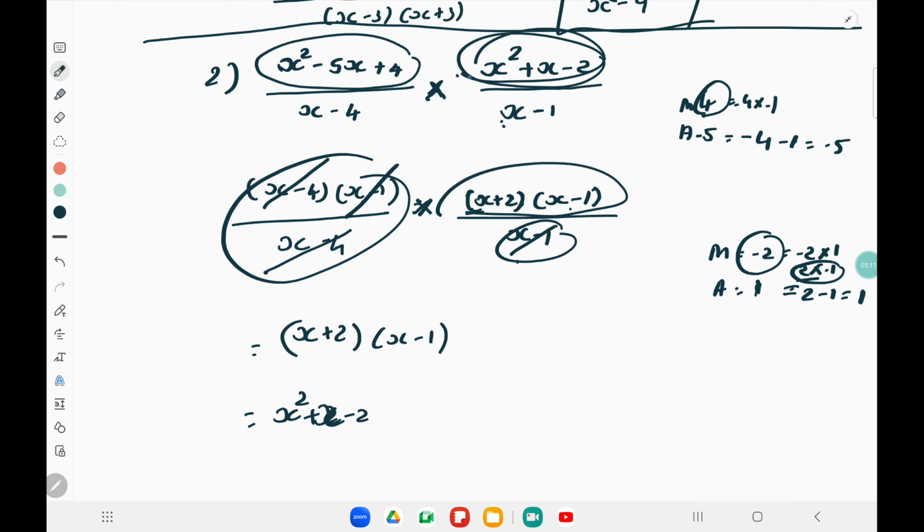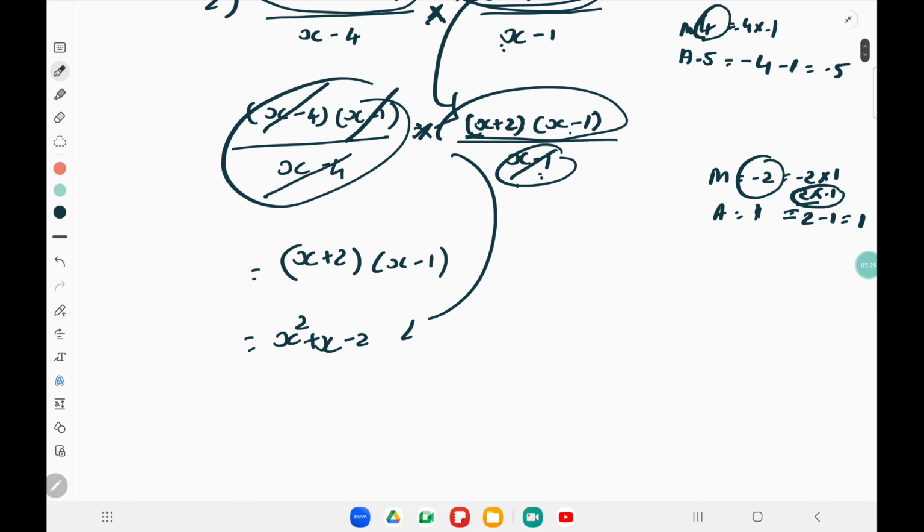You might ask why we factorize and then do it again back. At the beginning we don't know where we can cancel down, right? That's why we factorize, but at the end we have nothing to cancel, so we just write it back as a quadratic expression.